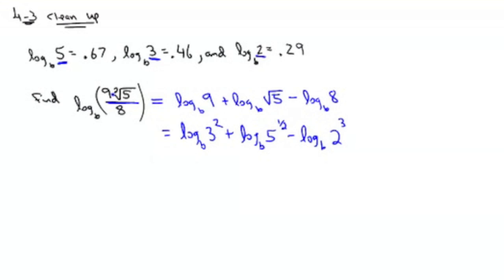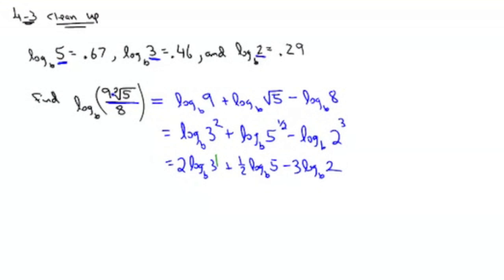Move them to the front. So this becomes 2 times log base b of 3 plus 1/2 log base b of 5 minus 3 log base b of 2. Now you got it in the proper form that we can actually work with.